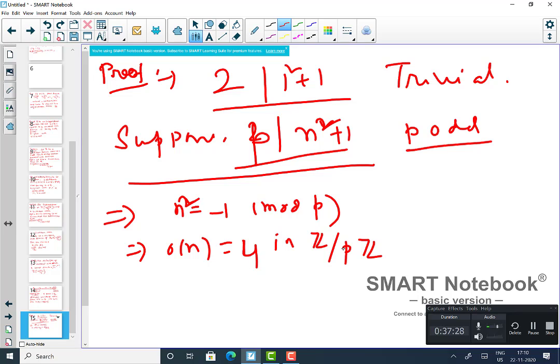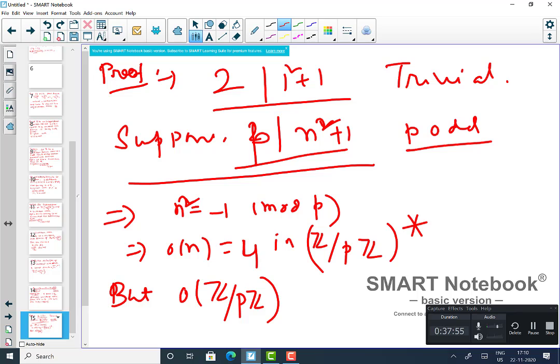So what does that mean? That means that you have an element of order 4 in Z mod pZ, if p divides n square plus 1. But we know the order of Z mod pZ star, the multiplicative group, equals p minus 1, right?